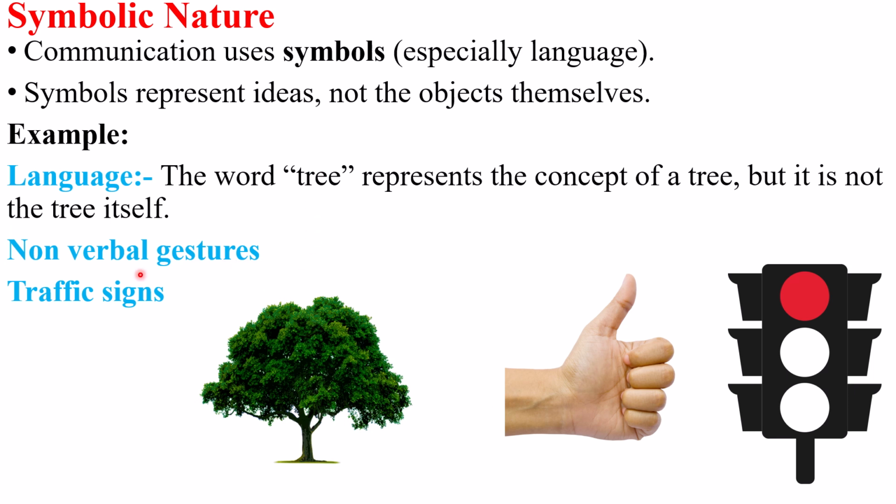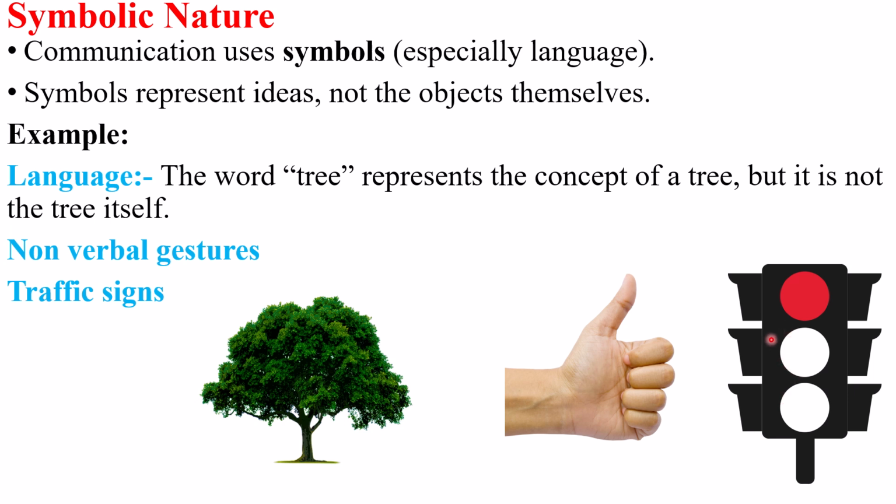Another example, non-verbal gestures. A thumbs up gesture universally represents approval or agreement. Then another example, traffic signs or traffic signals. Here we see a red light. This red light symbolizes stop, and a green light symbolizes go.